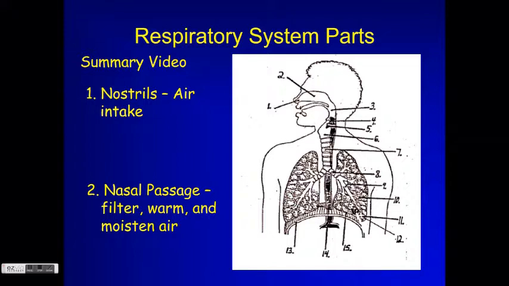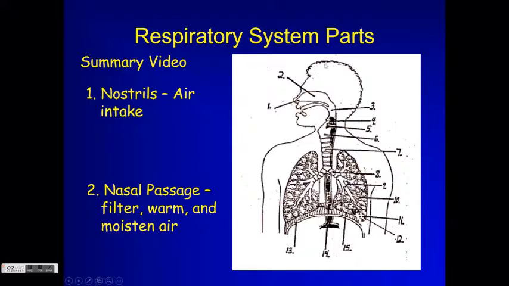In addition, if the air is warm and moist, then it's going to have a better chance of going from the lungs into the circulatory system. So you can breathe through your mouth and it will warm and moisten the air a little bit, but it's not going to do as much. It's not going to do as much of the filtering process.